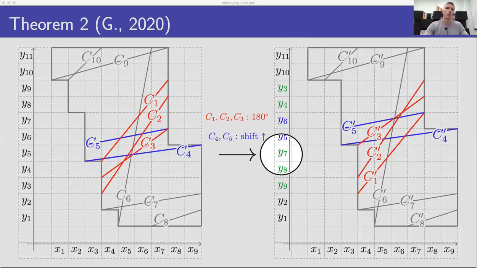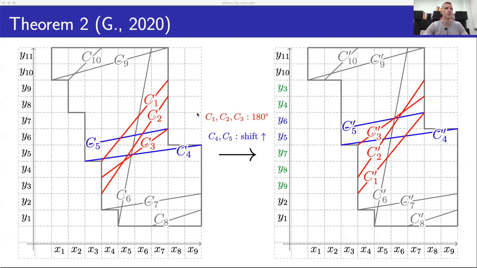So all you have to do to check the first condition is, for each of the 10 cuts, take C1, and then look at the vertical support. That's y 5, 6, 7, 8, 9. If you take C1 prime here, take the vertical support, that's also y 5, 6, 7, 8, 9, but in some permuted way, which is fine.